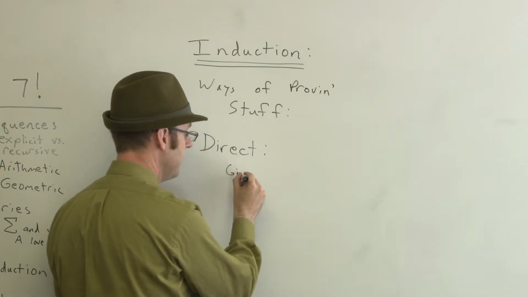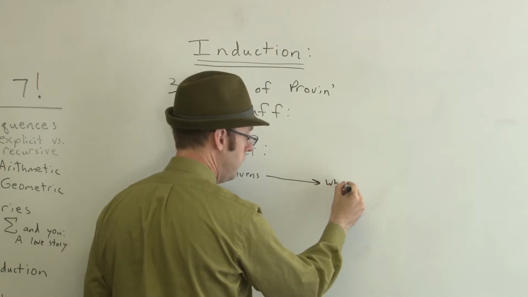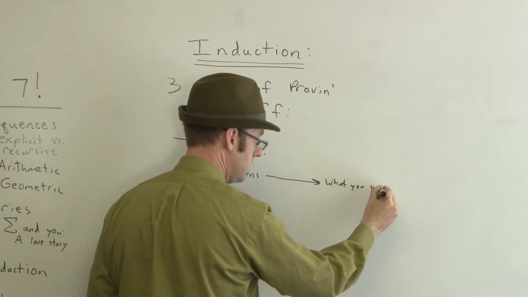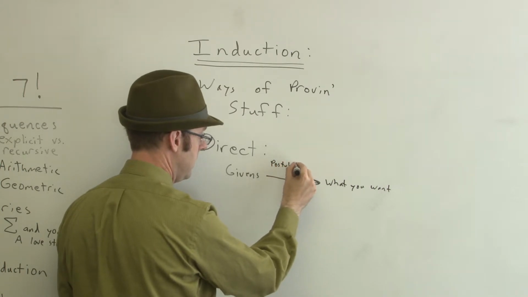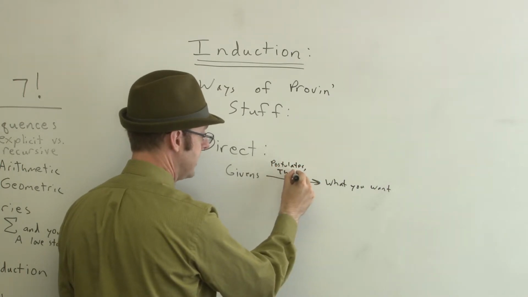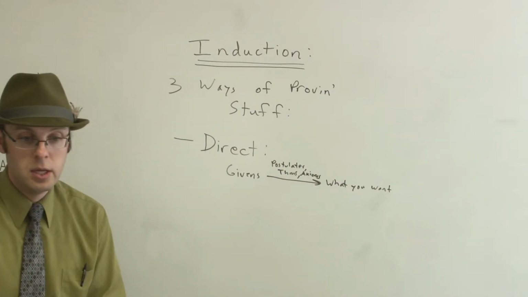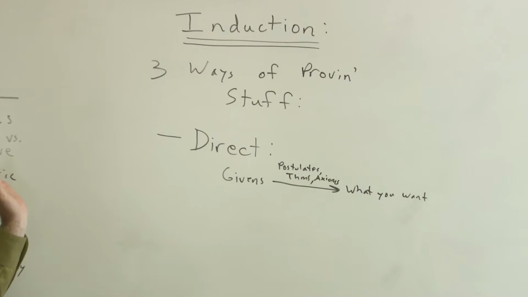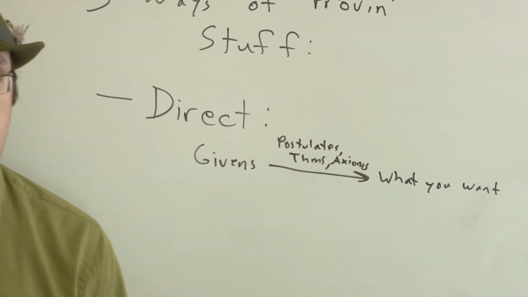So you have some givens, and you go to what you want to prove using postulates, theorems, axioms, and definitions. That's the direct way. That's the one that you did like 95% of the time.